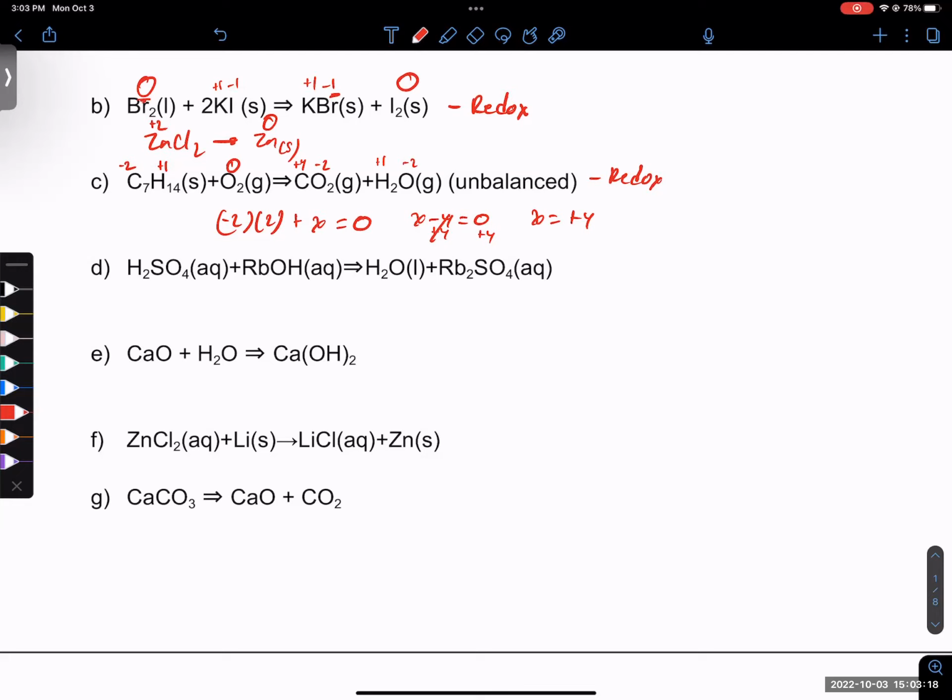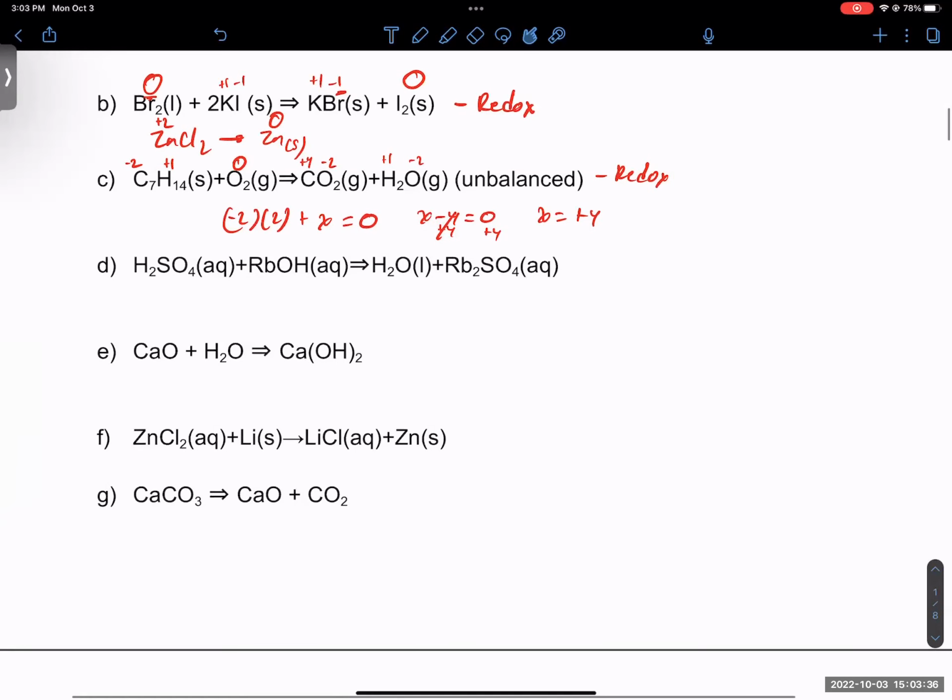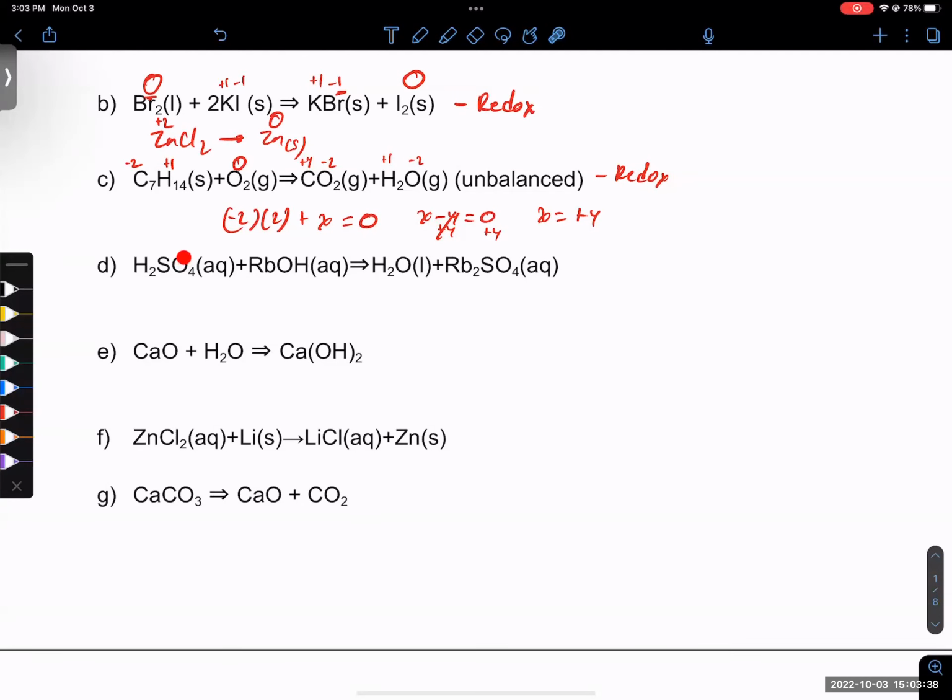Right, so then we'll move on to part D, sulfuric acid and then rubidium hydroxide. So first of all, what type of reaction is this? Acid base, right? So let's see if it's redox or not. What's the oxidation number of this oxygen right here? -2, right? Because oxygen is more likely than not -2.